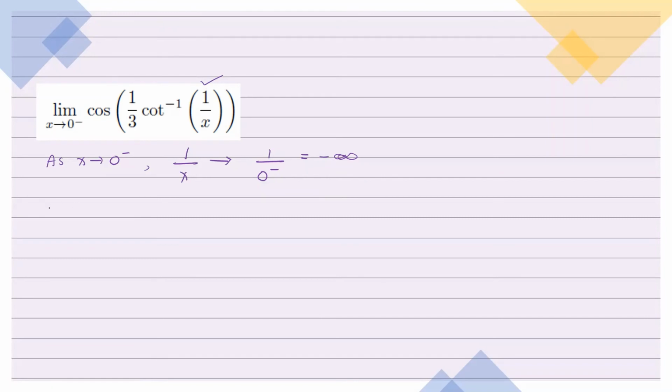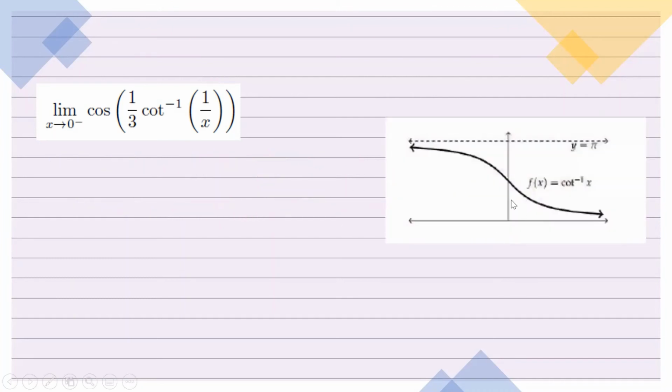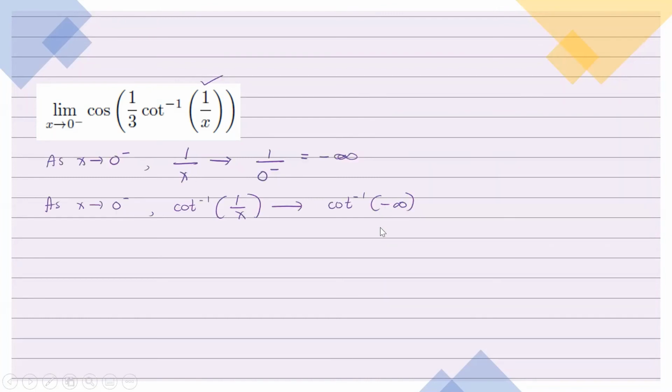So, we will obtain next yung as x approaches 0 naman from the left ng cotangent inverse of 1 over x. Okay? So, this will approach the limit of cotangent inverse function as the expression inside it approaches negative infinity. So, lagay ko na lang ito as cotangent inverse of negative infinity, okay? Tingnan natin yung graph ng cotangent inverse. So, ito yun. Cotangent inverse of negative infinity.